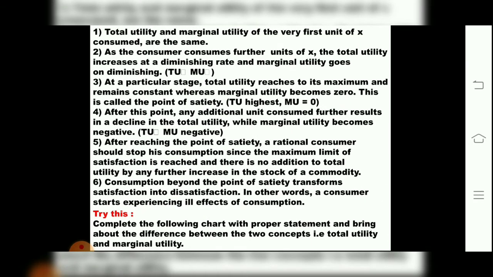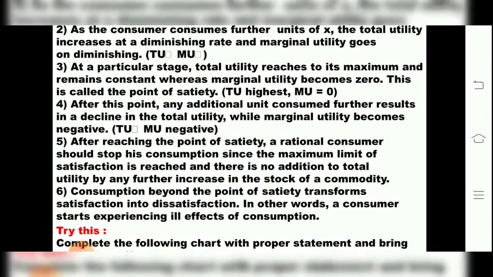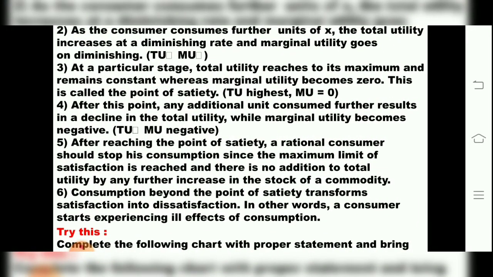At a particular stage, total utility reaches its maximum and remains constant, whereas marginal utility becomes zero, children. This is called the point of satiety. That means when TU reaches its highest level, marginal utility will be zero.